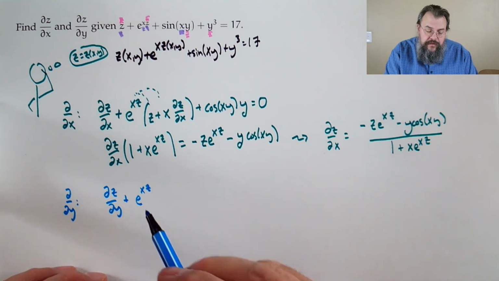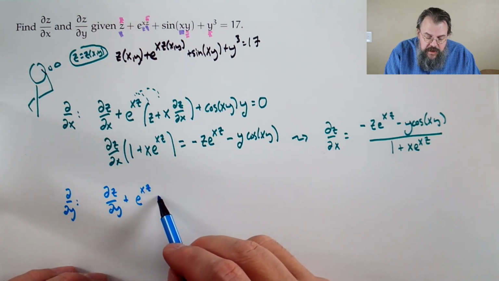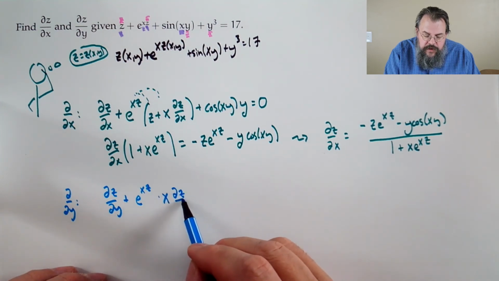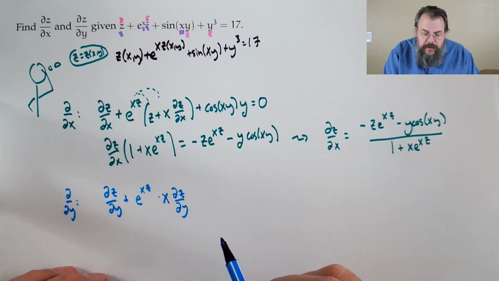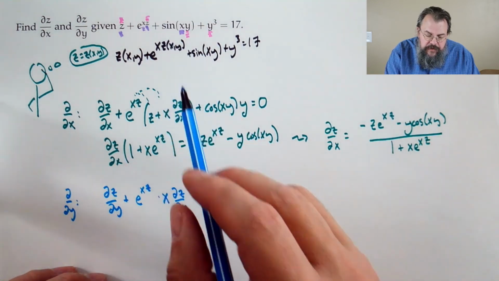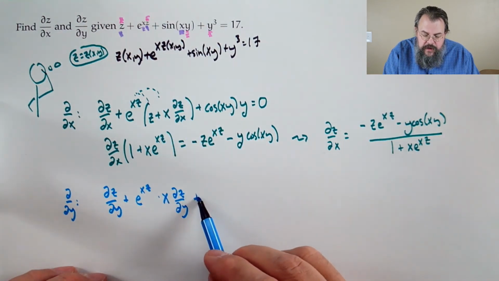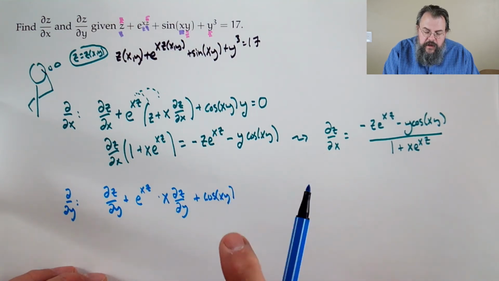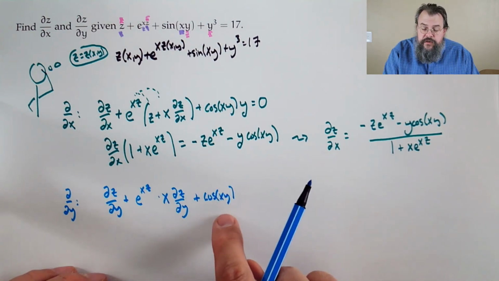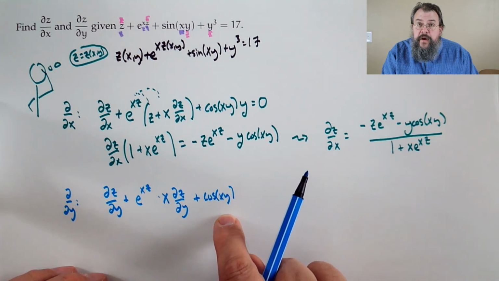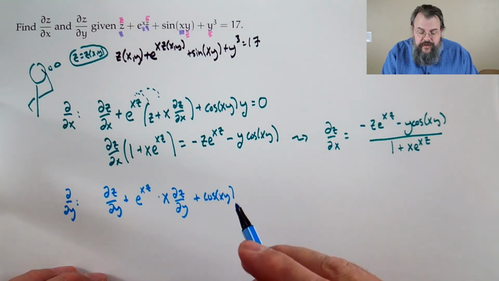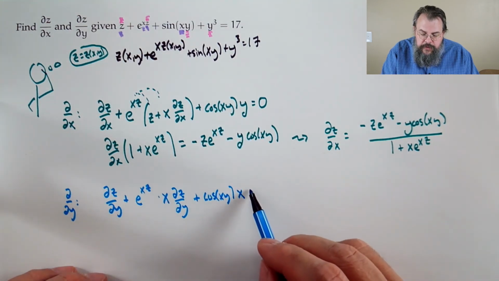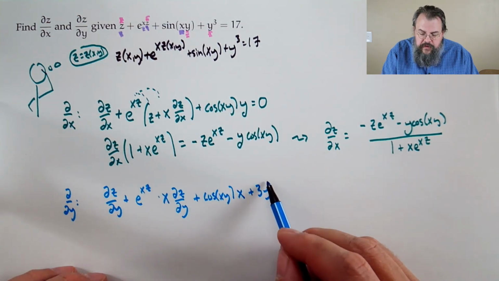Well, x is a constant, so it'll be an x times the derivative of z with respect to y, which is the derivative of z with respect to y. Okay, how about sine of xy? Well, that'll be cosine of xy, because doing chain rule, derivative of xy with respect to y is x. Great. Derivative of y cubed with respect to y, 3y squared.